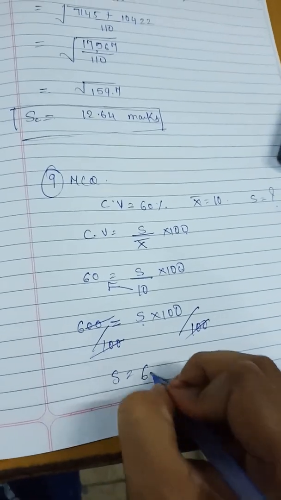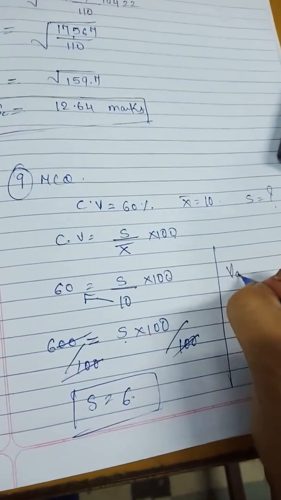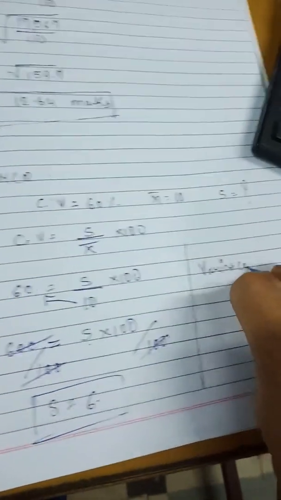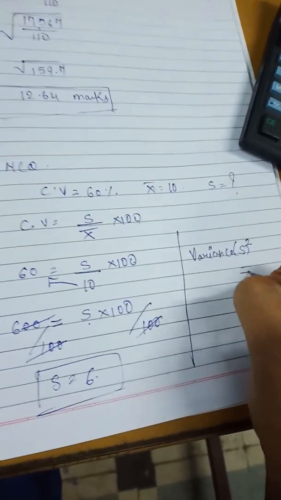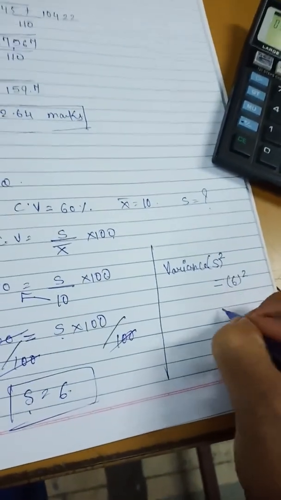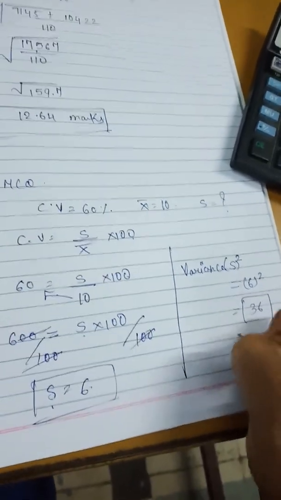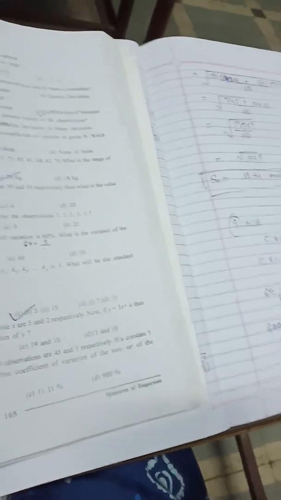So S is 6, and variance they have said variance. So variance in symbol how is it? S square, means square of S. So that is 6 square. So variance is 36.